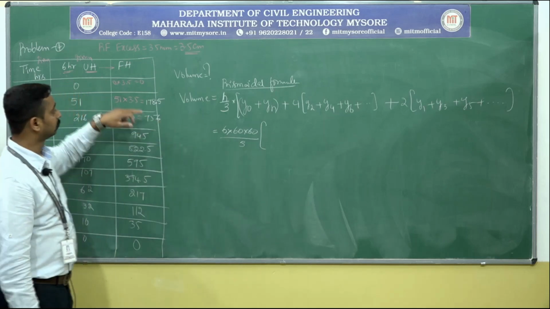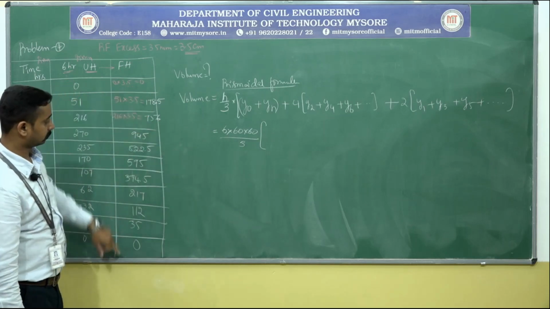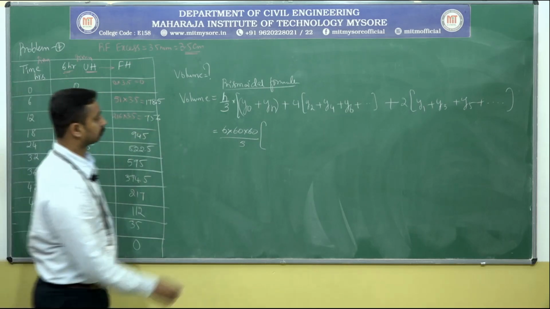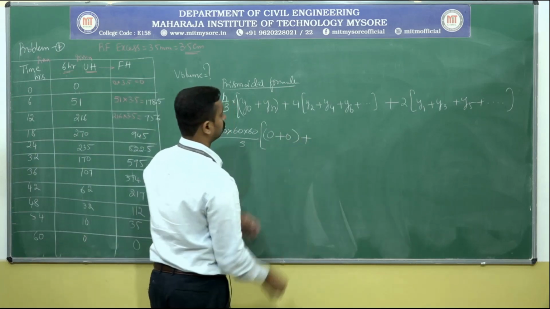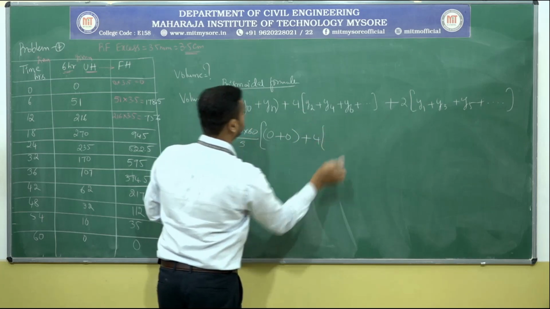First ordinate and the last ordinate, 0 0, plus 4 times of even ordinates.